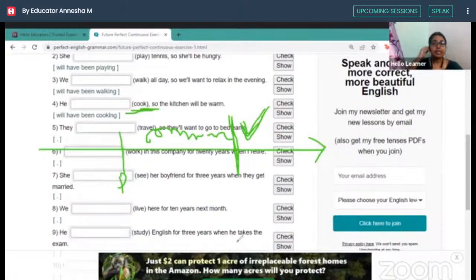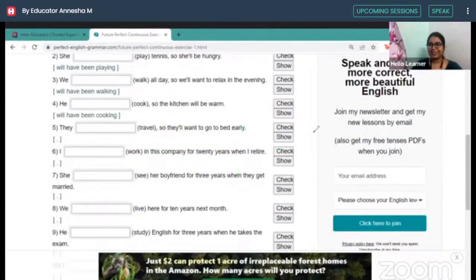Understood? Yes, ma'am. This is another way of using the future perfect continuous tense. Ma'am, tomorrow he will have been cooking, so the kitchen will be warm. Yes, you can use an adverb of time as well. Very nice, Neha. Thank you so much.